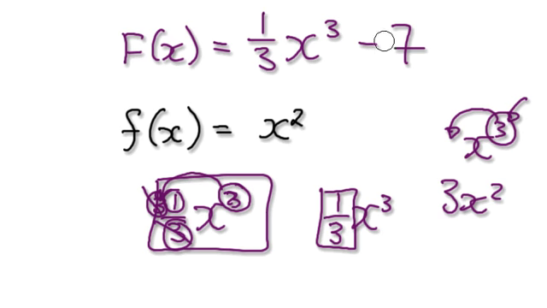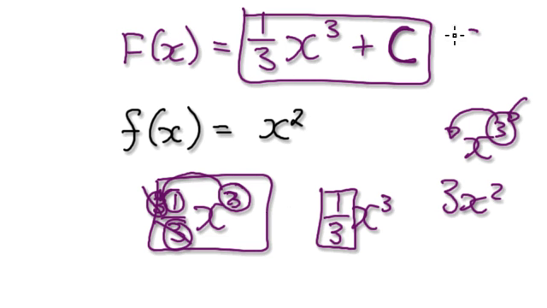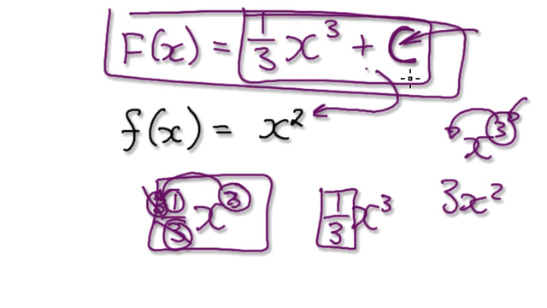The point here is that you've got to take care of the whole family. So you've got to put this constant here. By writing this plus c, no matter what constant you put in, it will take care of it. It will differentiate to x squared. So overall, the answer here will be this. You do need this plus capital C here.